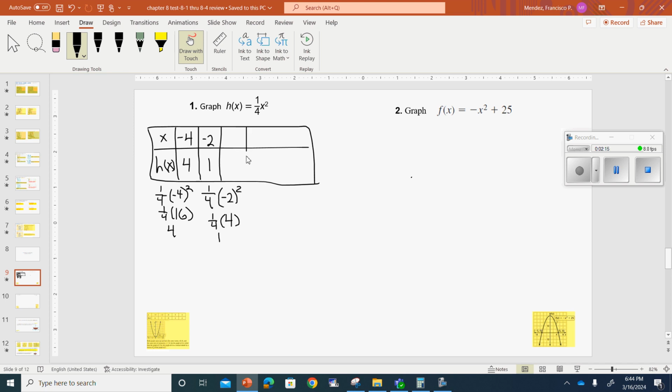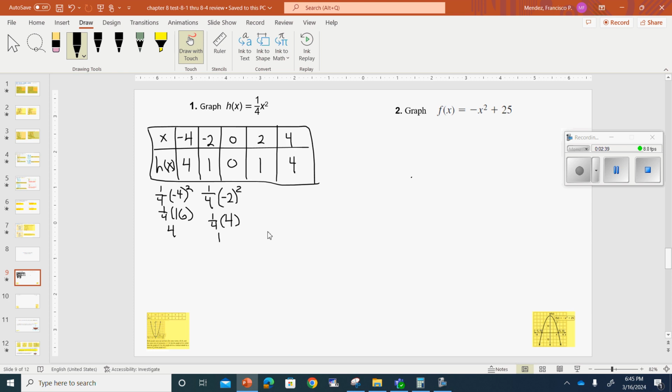Now we're going to go with 0. Anything times 0, right? It's going to the second power be 0, and 0 times 1/4 is still 0. Then I'm going to try 2. 2 times 2 is 4, and 4 times 1/4 is still 1. And that means 4 is going to give us a 4 as well.